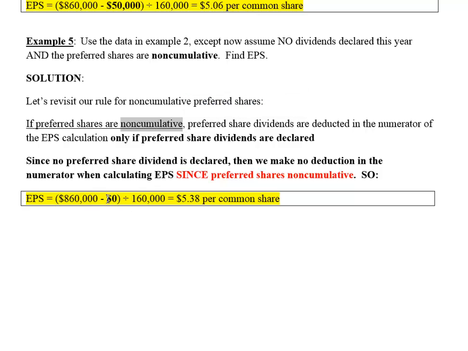So now we would deduct nothing in the numerator because the preferred shares are non-cumulative and we declared no dividends. In essence, the preferred shareholders aren't owed anything this year and even in subsequent years in terms of arrearages, because we didn't declare anything and the shares are non-cumulative. So we're going to get $5.38 per share in this case.